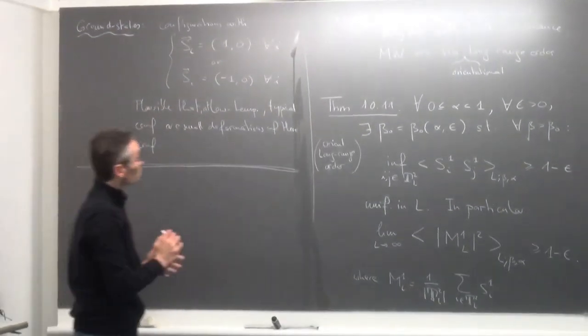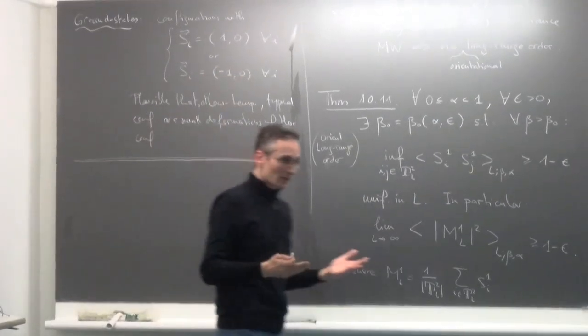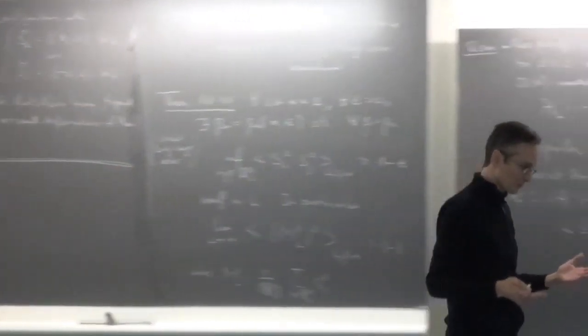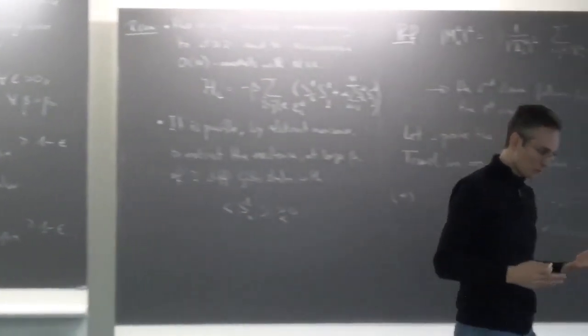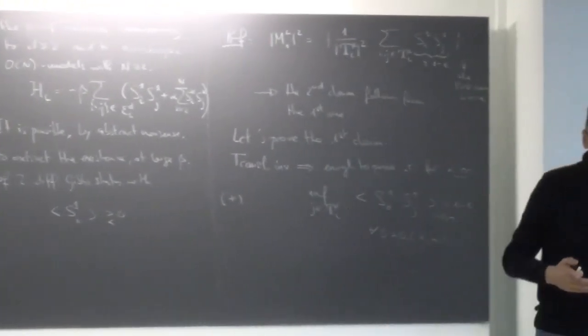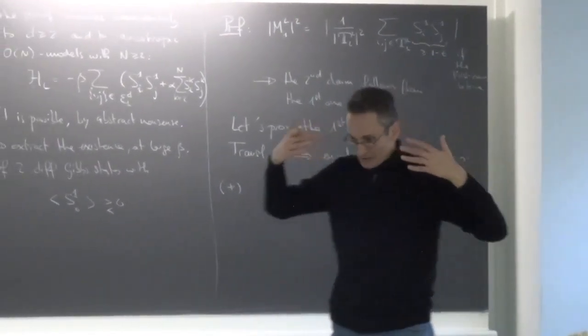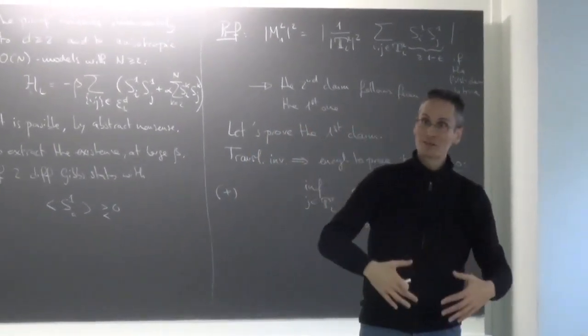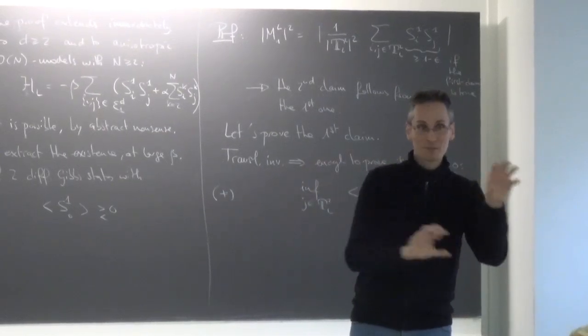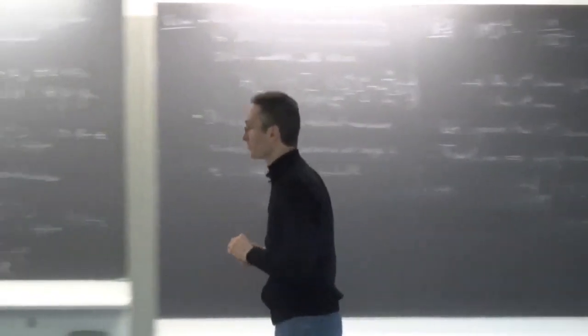Okay, so now we would like to prove something very similar to the Peierls argument. When we looked at the low temperature Ising model with no magnetic field, we wanted to prove that at low temperature, basically everybody was plus or everybody was minus with only small deformations, and we used the Peierls argument to do that.